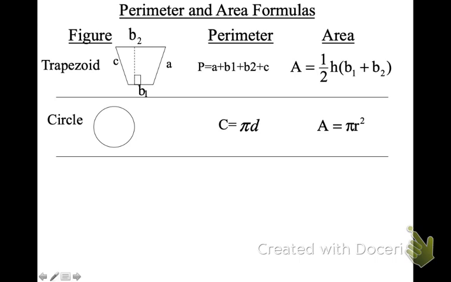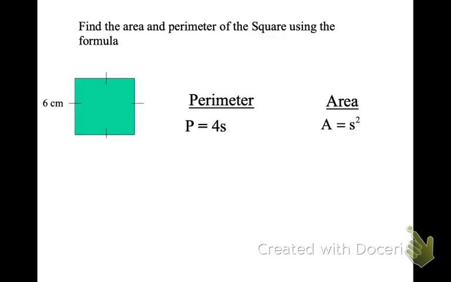Pause the recording if you'd like to finish taking notes. Now let's put those formulas to use. We're going to go for our square. Now remember, a square, these little tick marks here mean that the sides are all equivalent.